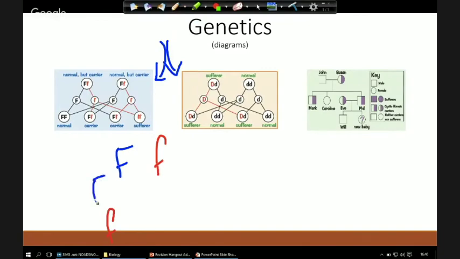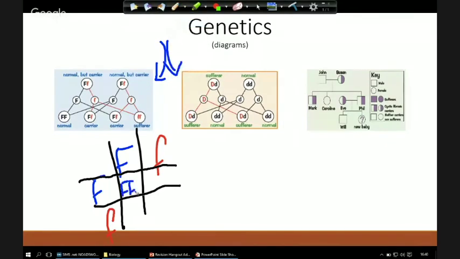So if we were going to draw our Punnett square, don't forget I've put one parent along the top and one parent down the side. We would get ourselves big F, big F, big F, little f, big F, little f, and little f, little f.